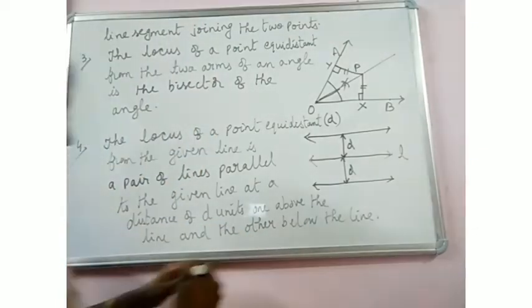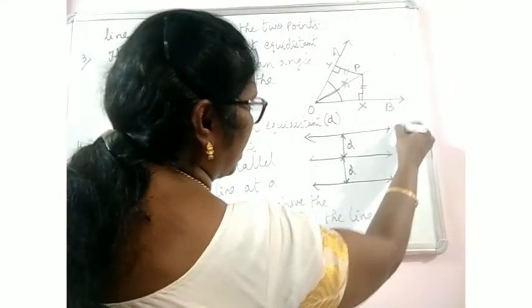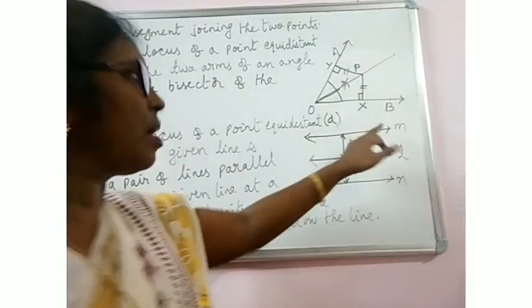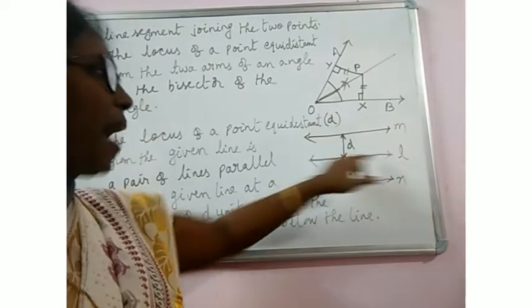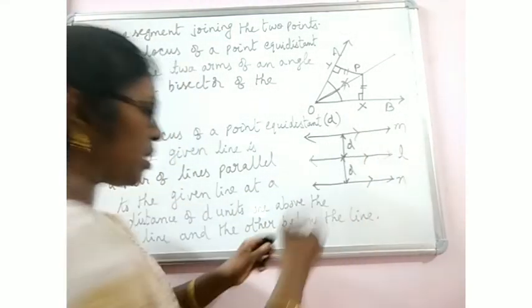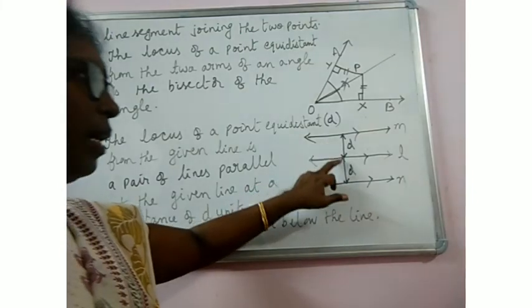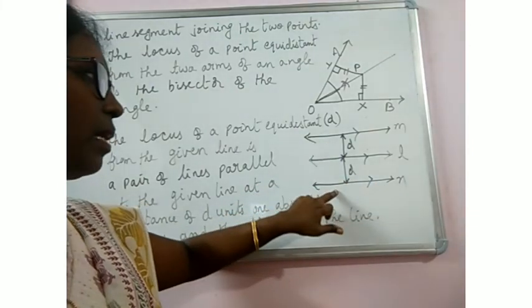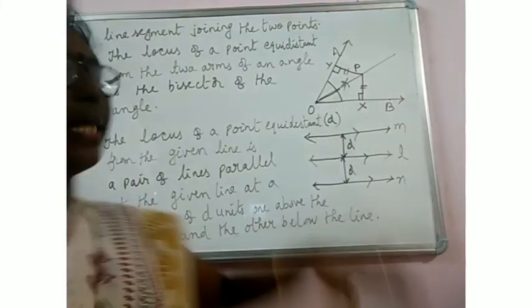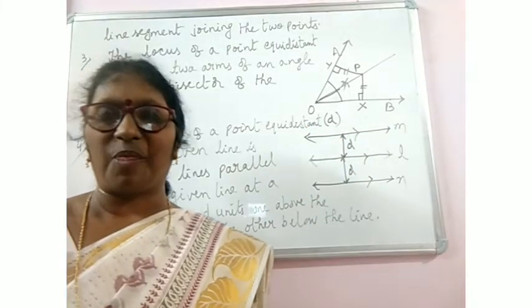Okay, that means, for your clear understanding, let me name them M and N. M is a line parallel to L at a distance of D units from L. Same way, N is a line parallel to L at a distance of D units below the line.